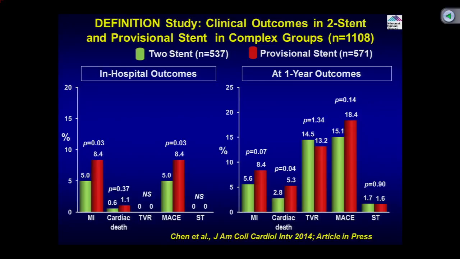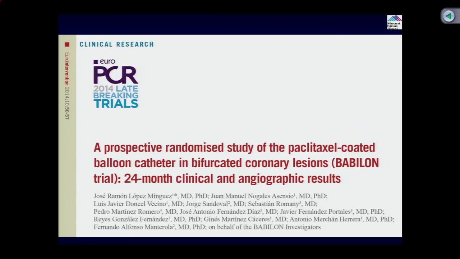In complex cases defined by the DEFINITION study, half of them got 2 stents, half got the provisional stent, but clearly a 2 stent approach was associated with a lower event rate, non-statistically significant, but a trend toward lower rate, maybe even lower myocardial infarction. So it seems that in a complex case, if you go with a planned 2 stent strategy, you will do better compared to one stent.